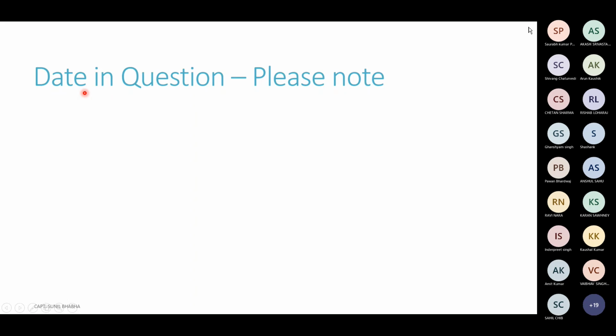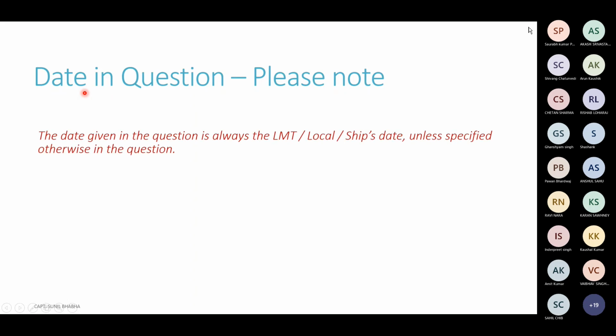To resolve this confusion, always remember the date which is given in the question is always the LMT date or the local date or the ship's date, unless specified otherwise in the question.